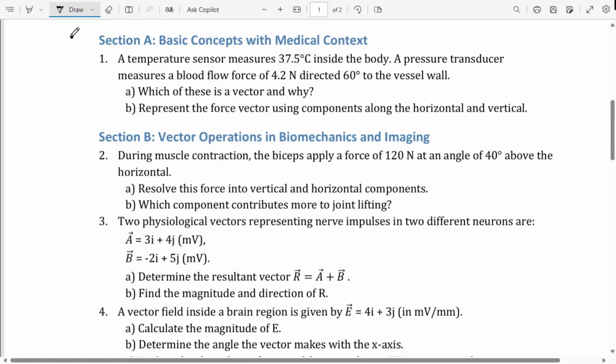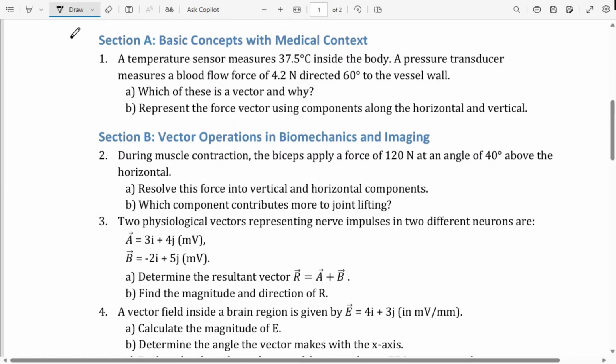So it has both magnitude and direction. Whilst the temperature has only been given as 7.5 degrees Celsius, and it's well known that temperature is a scalar quantity by now. So for part A, the vector here is the blood flow force.